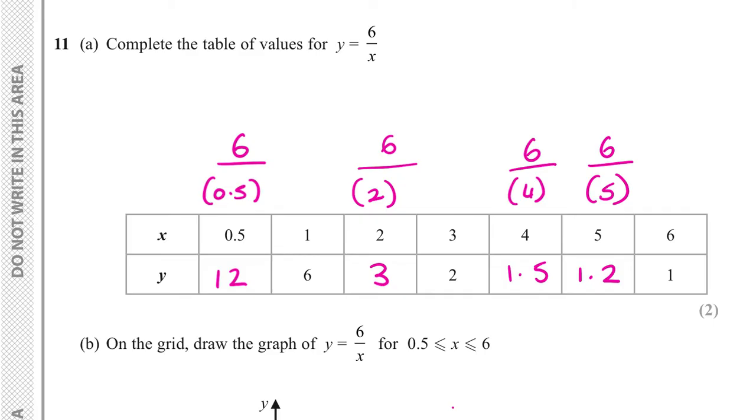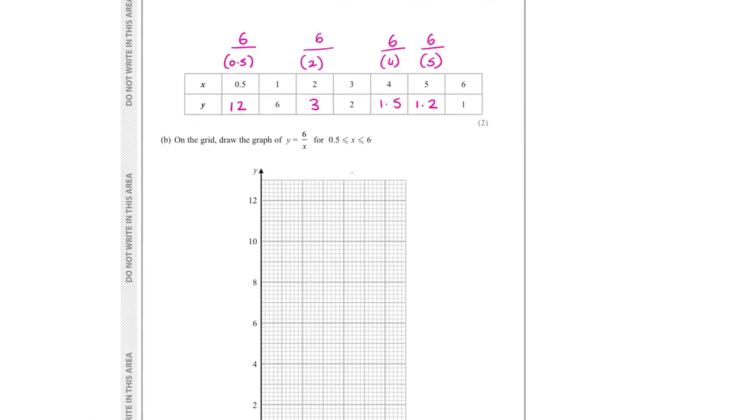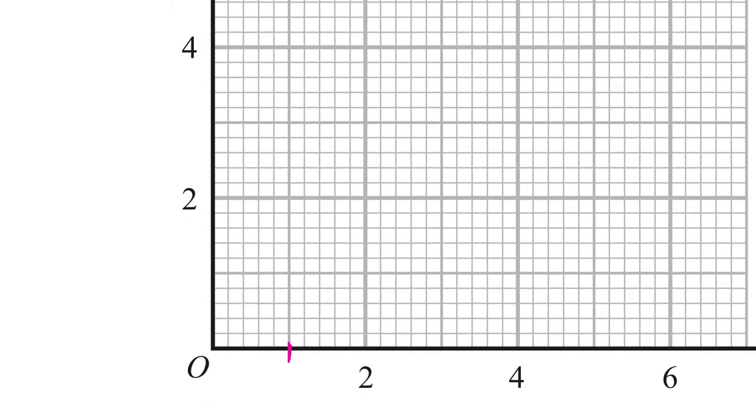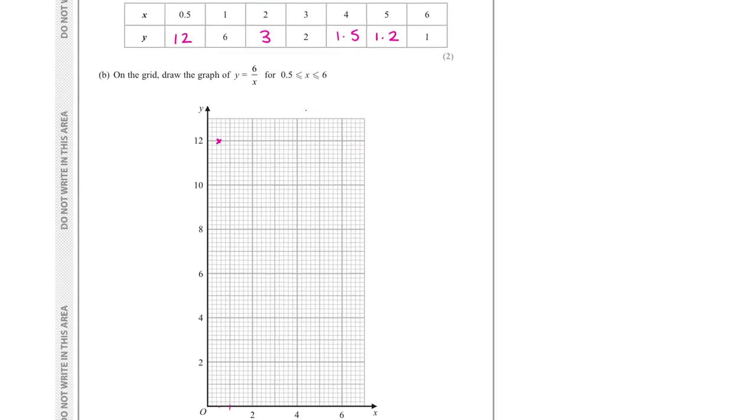Now, believe it or not, you need to use a pencil and you need to be extremely accurate. So, we got 0.5 and 12. Where is 0.5? Well, if this is 1, 0.5 is here, and 12 is up here. I think we might get a question like this in the next exam. Okay? So this is definitely going to come up in the next exam, isn't it?